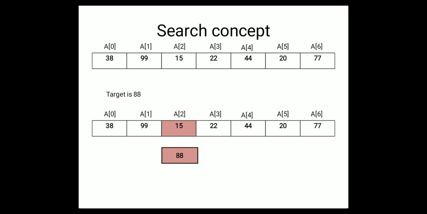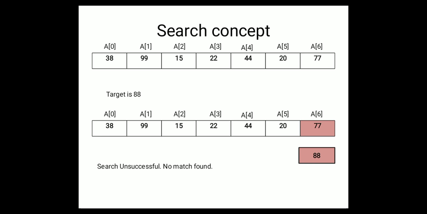Go with the next element, not matched. Compare with the next element, not matched. Compare with the next element, 44, not matched. Proceed further, 20 and 88, no match. 77 and 88, no match. Now you have reached the end of the list, and there are no further elements in the list, and no match found. So this is an unsuccessful search.